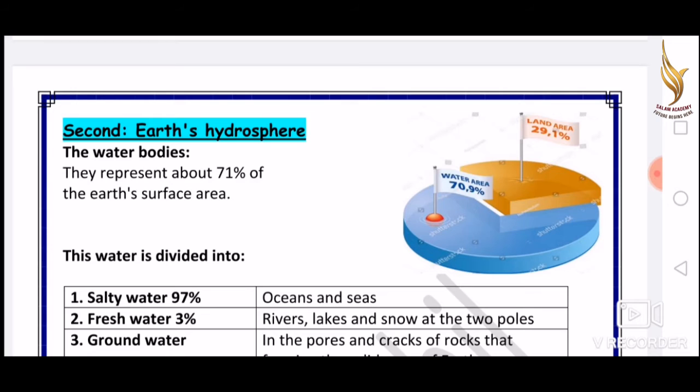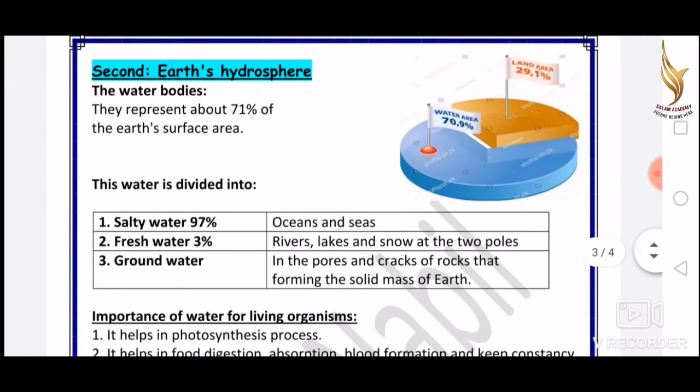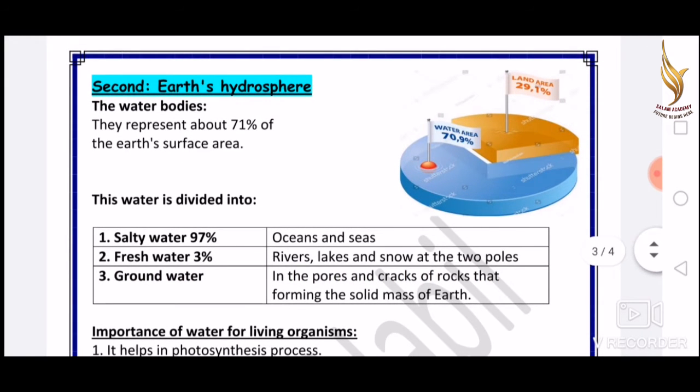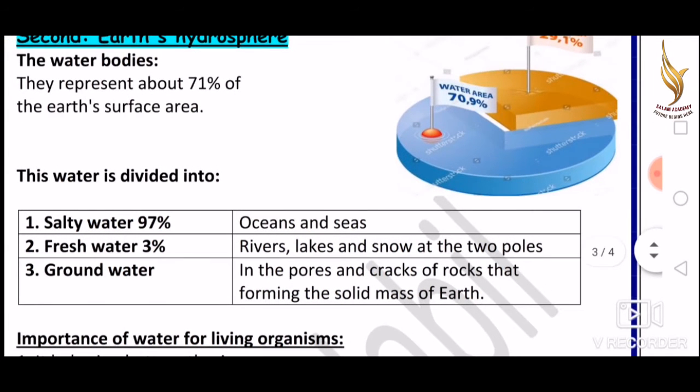And this water is divided into three types: salty water, fresh water, and groundwater. The salty water represents about 97%, salty water like ocean, like sea.